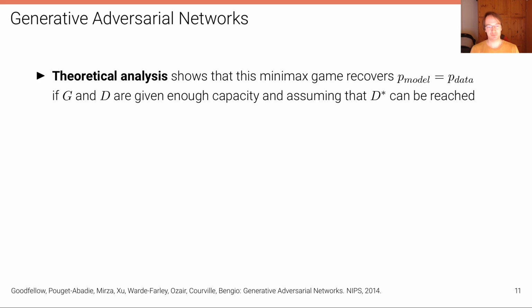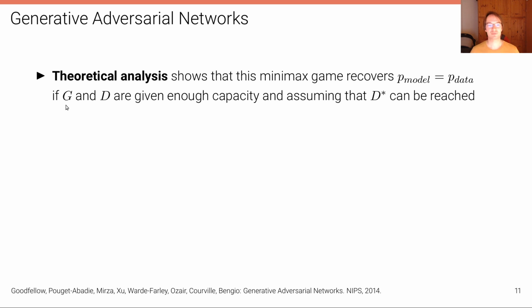Now there are some theoretical results, as already mentioned, that show that this minimax game, using some rather strong assumptions, recovers exactly the data distribution for the model distribution. So P model equals P data. The model distribution approaches the data distribution.